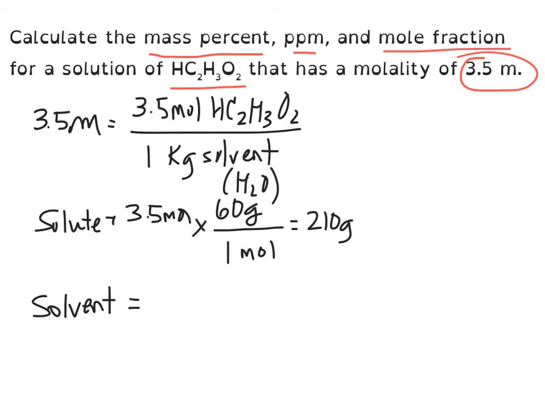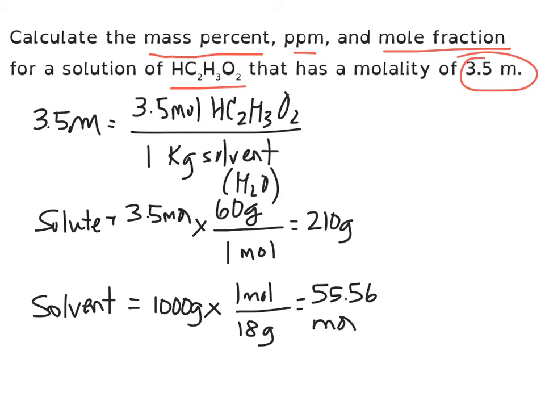Now looking at my solvent, I have 1,000 grams of water, and if I want to find moles, I divide that by the molar mass of water, which is 18 grams on the bottom, 1 mole on top, and I end up with 55.56 moles of water.